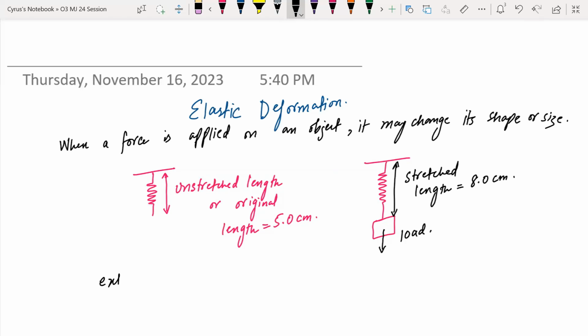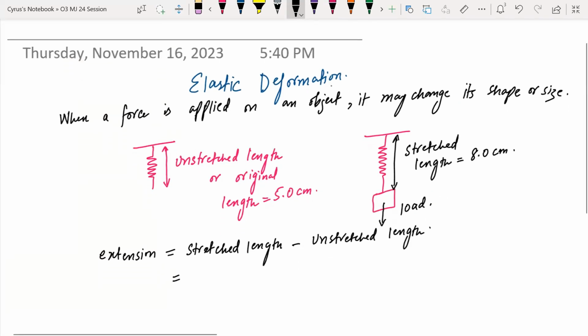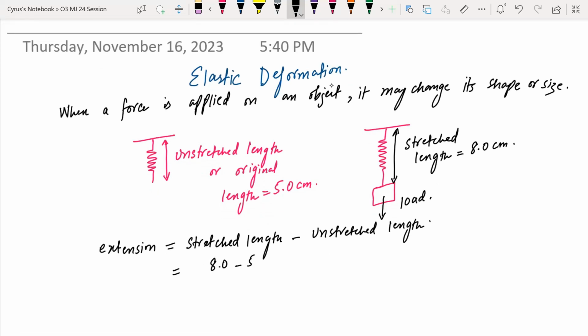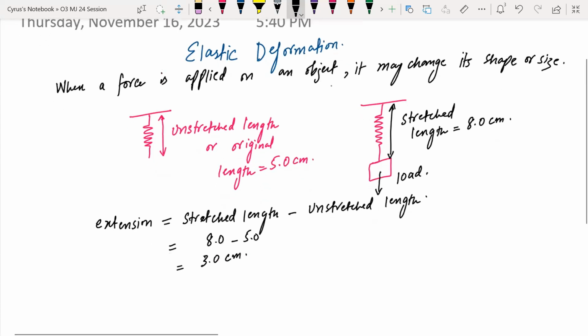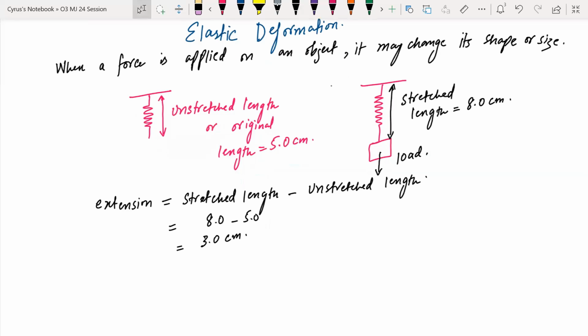So extension is the stretch length minus the unstretched length. The stretch length here is 8 and the unstretched length here is 5. So the answer is 3.0 centimeters, right? This is the extension in the spring. Whenever you subtract the unstretched length from the stretch length, you get the extension, how much it has extended. And I'll tell you about limit of proportionality shortly, which it has not exceeded here, right?